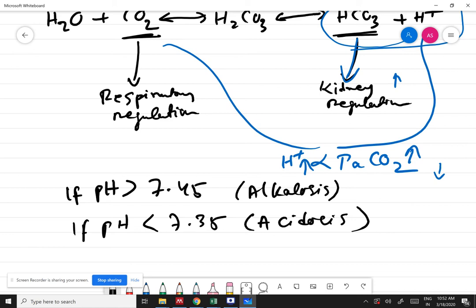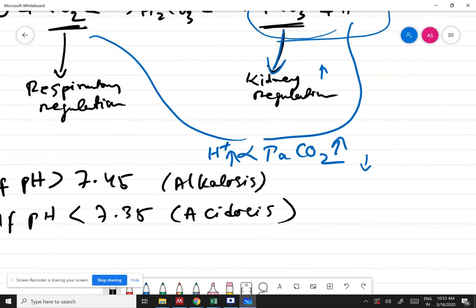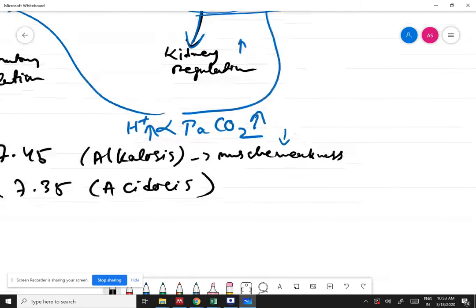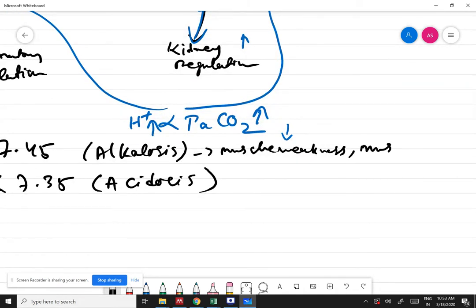Alkalosis can lead to muscle weakness, muscle cramps, and dizziness.